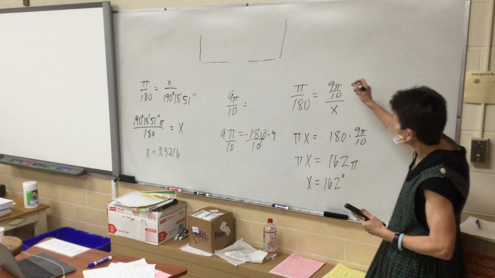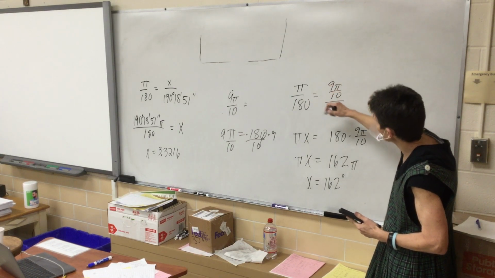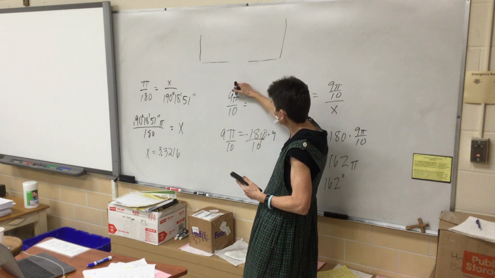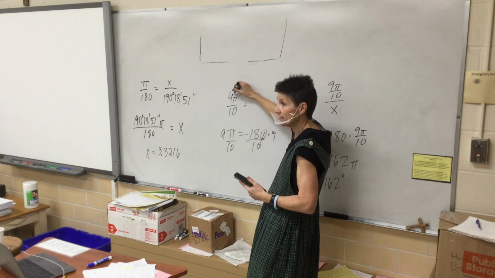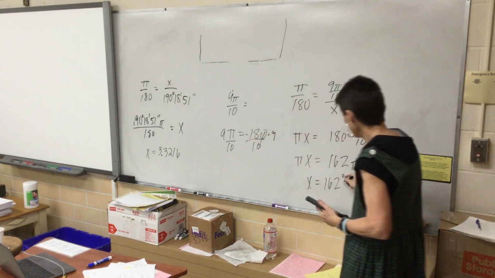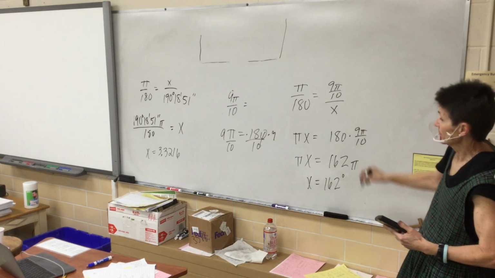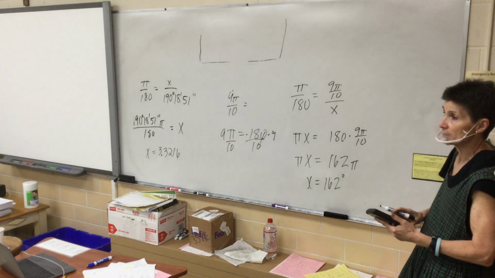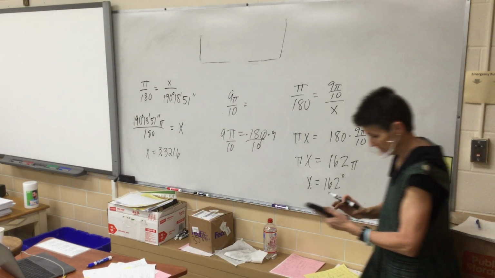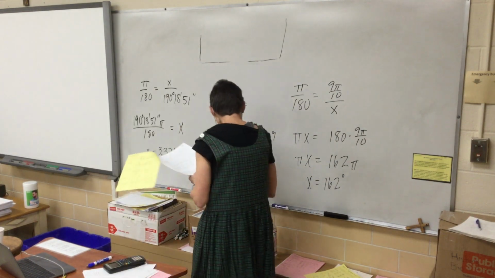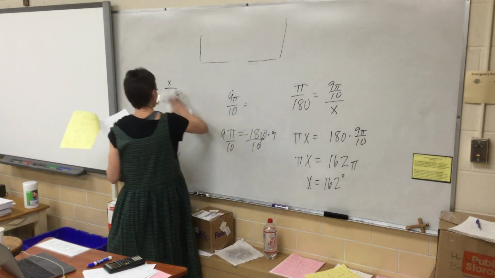So you can always use your proportion. I don't for these simple ones. I just take 180 divided by 10 times 9. And that will give me 162. But you can always do it this way, if that makes more sense to you. So however you do it, do 7 pi over 9. How many degrees is 7 pi over 9?